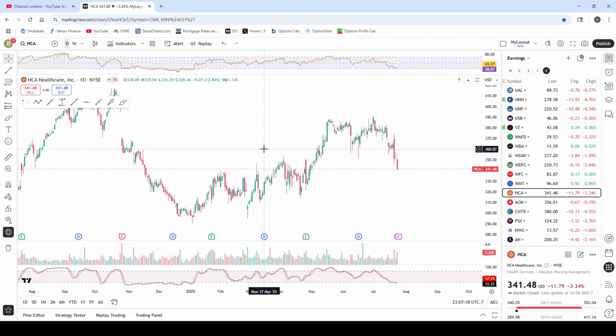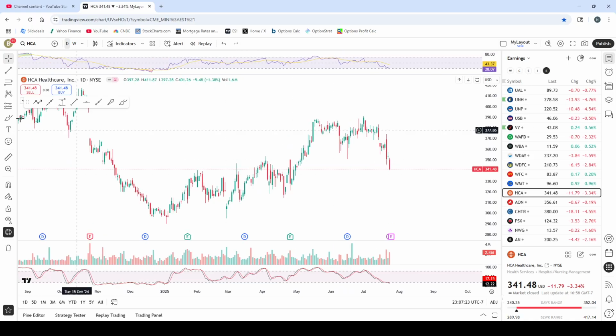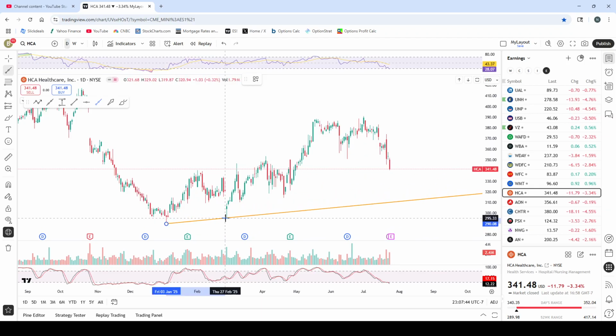Now we're focusing on the mid-term and short-term. In choosing the point where you draw a line, the line should go through as many pivot points as possible. For example, if I start from here and go here, I have only 2 points.